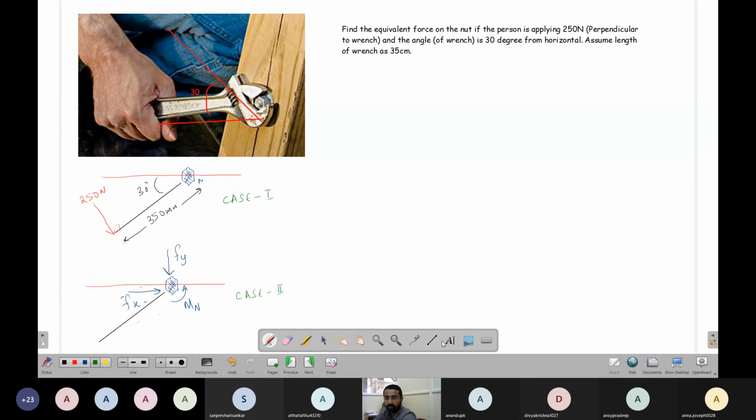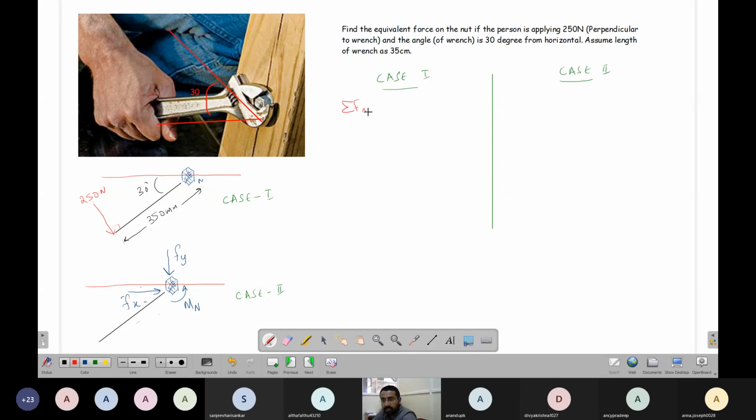Same thing, case 1 and case 2. What are the forces? What all should be satisfied?